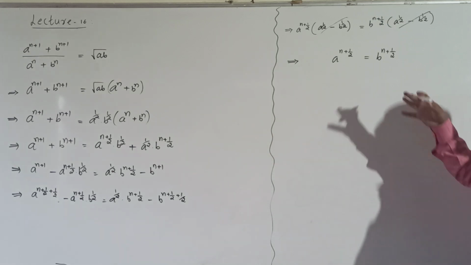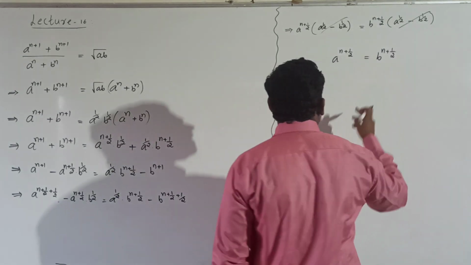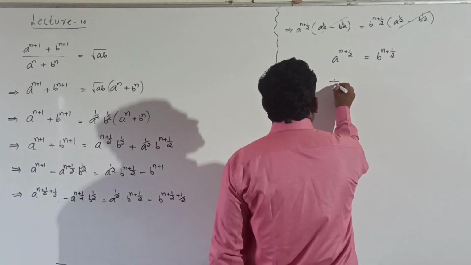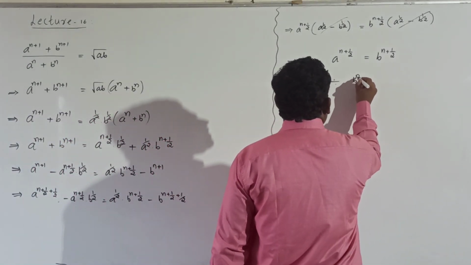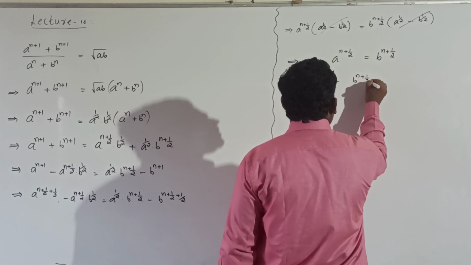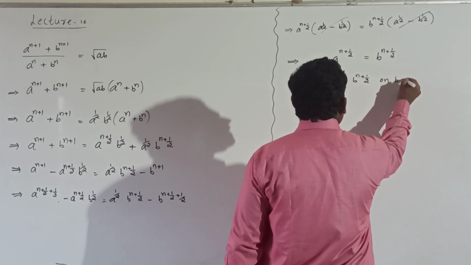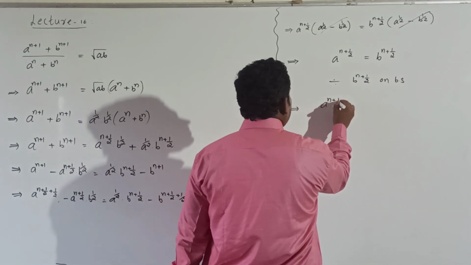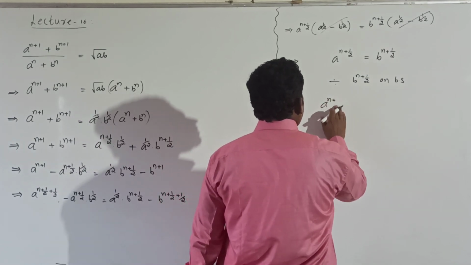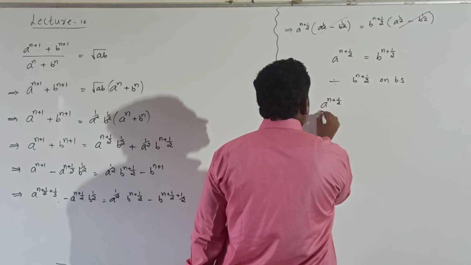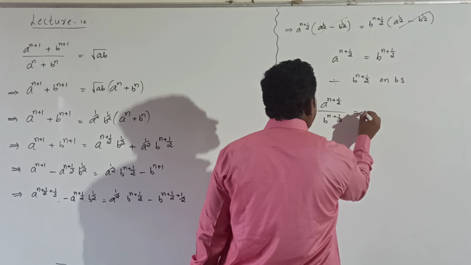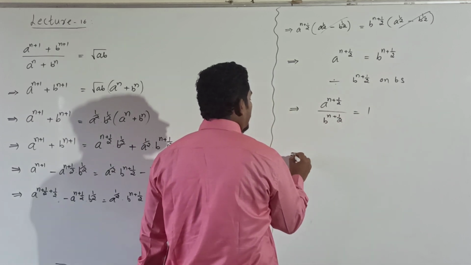After that, dividing with b^(n+1/2) on both the sides, it becomes a^(n+1/2) divided by b^(n+1/2) is equal to 1.